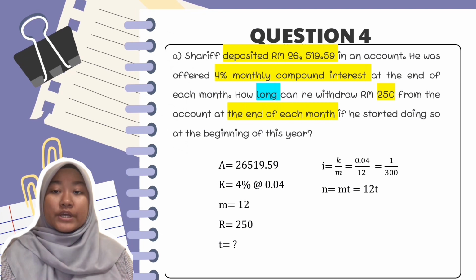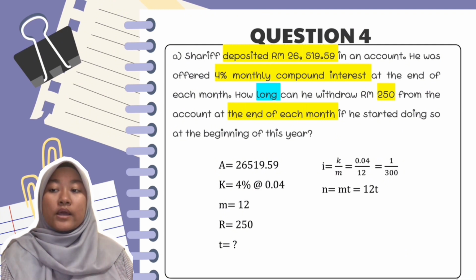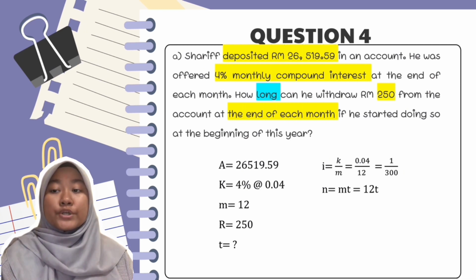For question 4a, Sharif deposits RM 26,519.59 in an account. He was offered 4% monthly compound interest at the end of each month. How long can he withdraw RM 250 from the account at the end of each month if he started doing so at the beginning of this year?